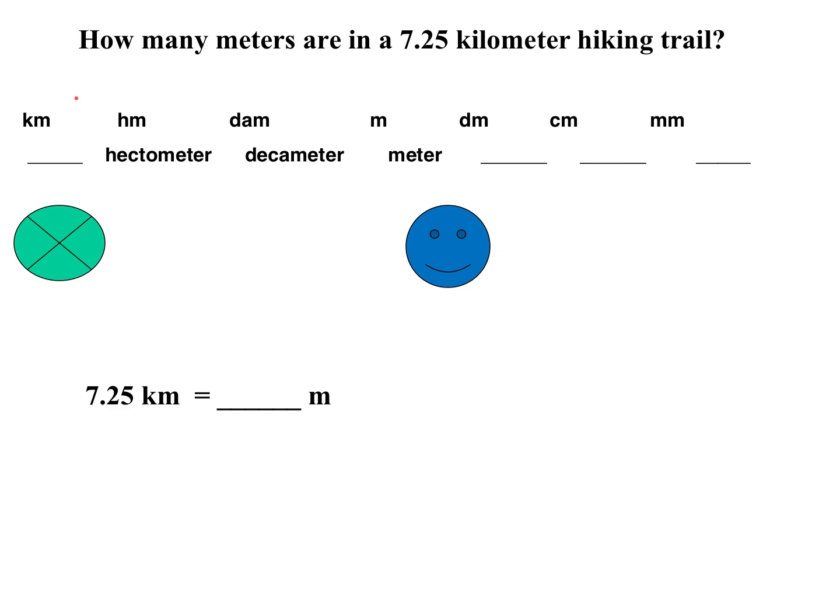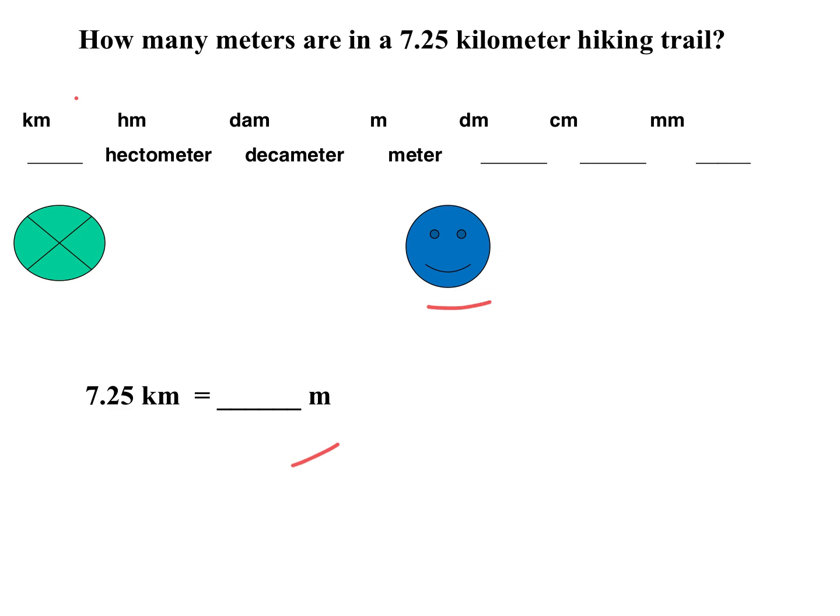So if we look at our chart and we can see all of it, and we want to know how many meters is equal to 7.25 kilometers, we're going to look at the chart at the part that we want to know, and that's why I put a little smiley face there, and we're going to look at the part of the chart that we started with, which is kilometers. I put a green mark there because green means go.